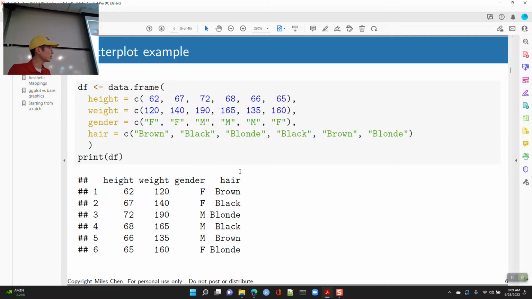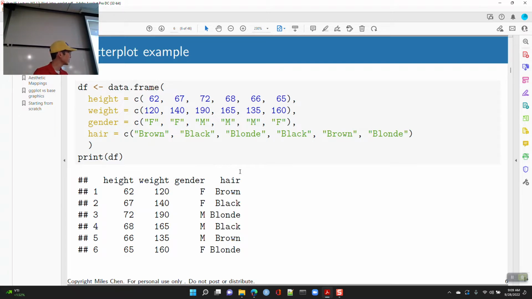All right, so here we're going to start off with a very simple toy example where I have information for 6 individuals. So we have these 6 individuals, and this is just some made-up information.